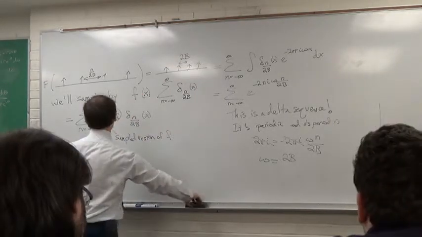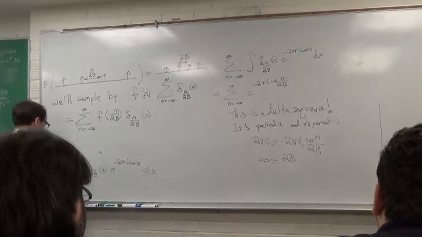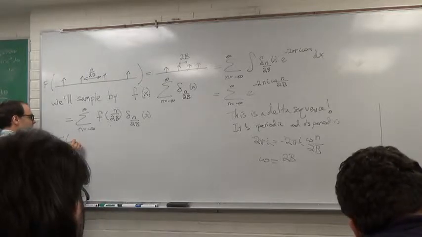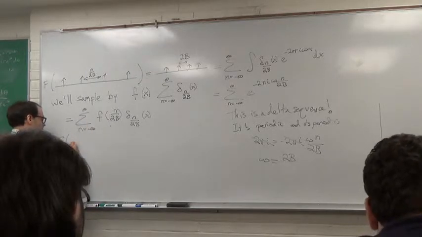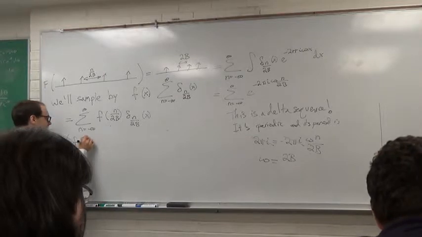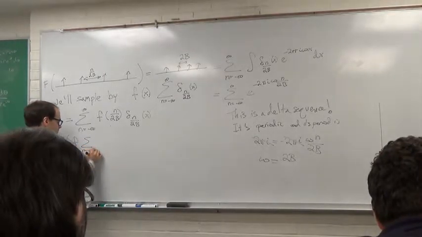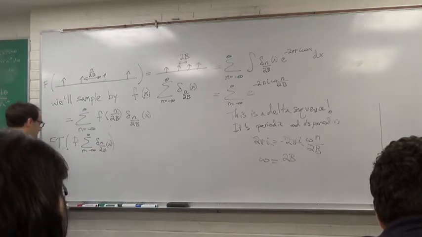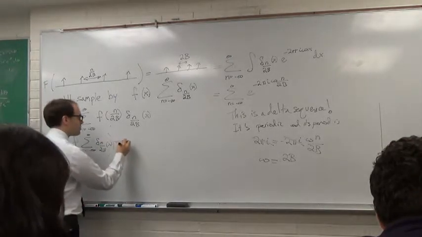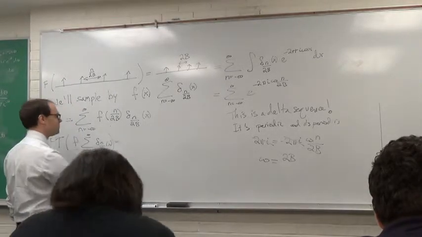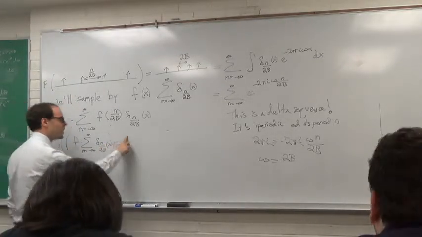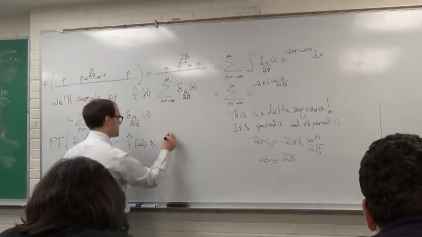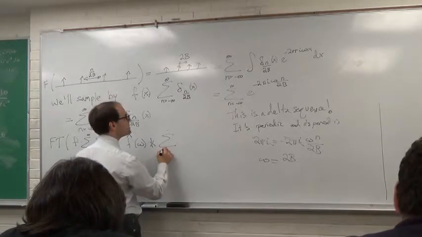So the Fourier transform of the sampled f, that's f times this sum of deltas at n over 2b, is equal to the convolution of the Fourier transform of f with that delta sequence, that sequence of delta functions.